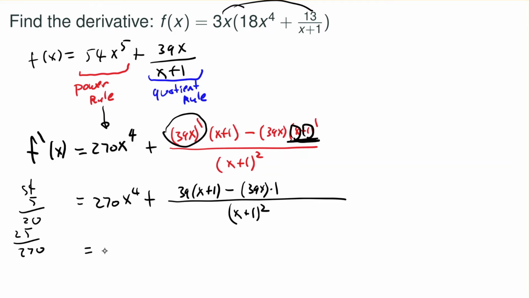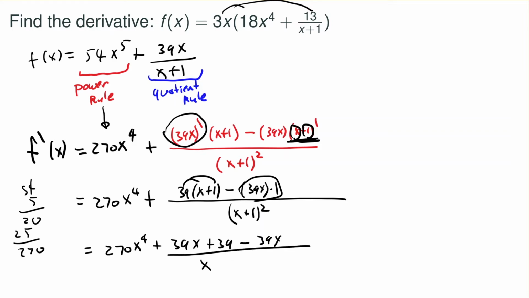So I can simplify further. Distribute 39: 39x plus 39 minus 39x. This is just 39 over x plus 1 squared, as the 39x cancels out.